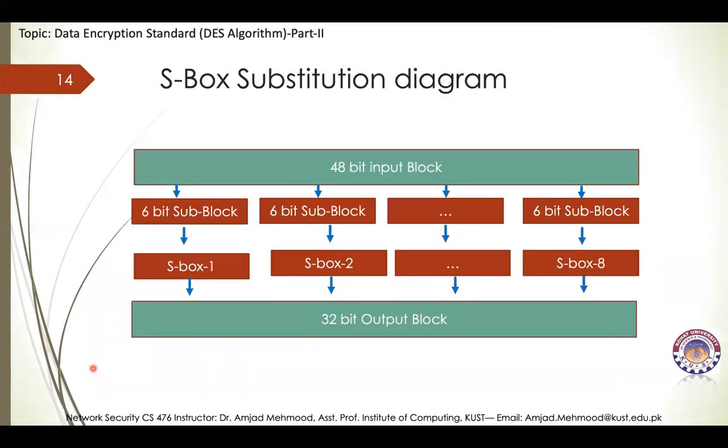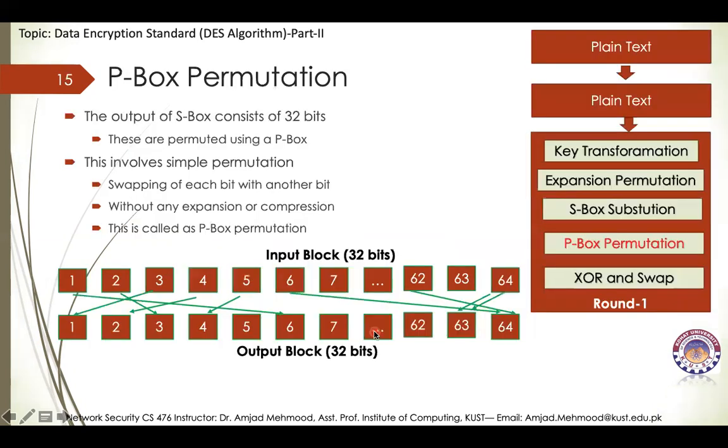You can see with the help of the diagram that you have a 48-bit input, and it is divided into 6-bit sub blocks. So you have 8 blocks, and these go to S box 1, S box 2, up to S box 8, and then we combine these to get a 32-bit output block.